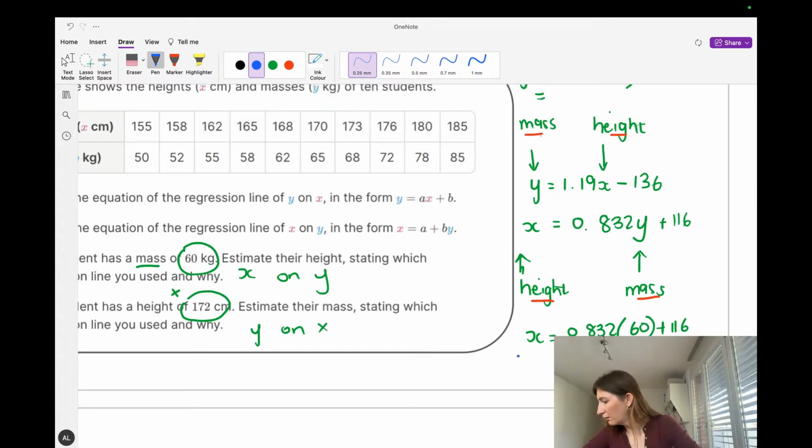This was x equals my plus c. So that's different from the y on x. Y on x was y equals mx plus c, because our input is x. Here our input is y. So it's the same formula, just x and y are switched. So really they're the same thing, but we're remembering that we're switching our variables here.